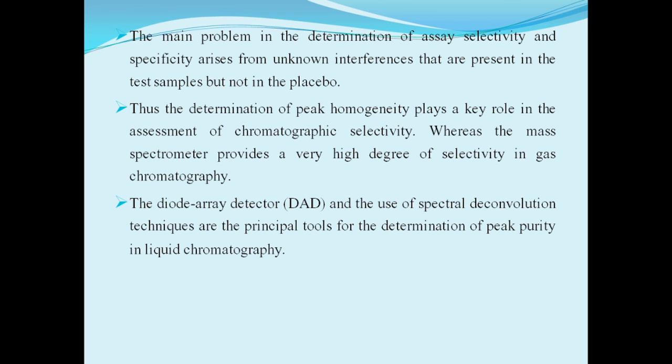Unfortunately, spectral deconvolution requires that the UV visible spectra of the co-eluting peaks be different, and commercially available systems are generally incapable of detecting any co-eluting interferences present at concentrations much less than 1%.